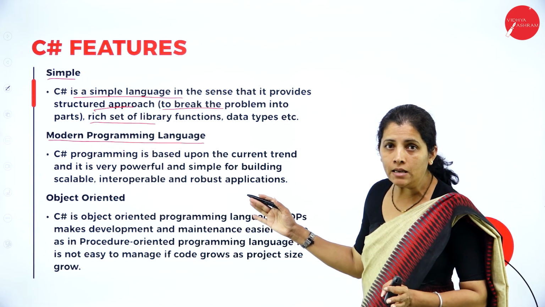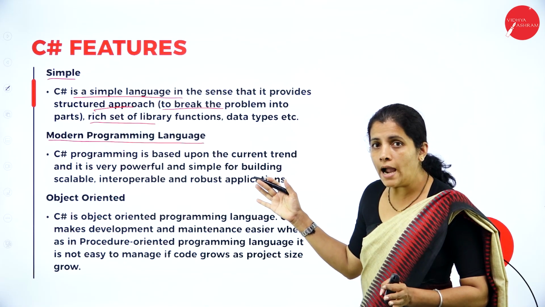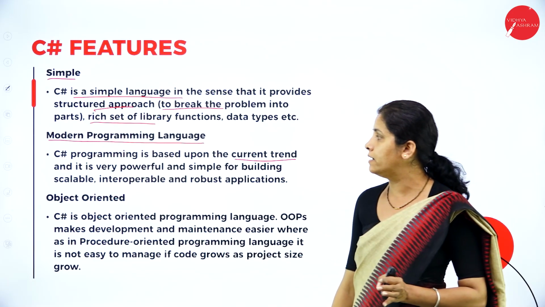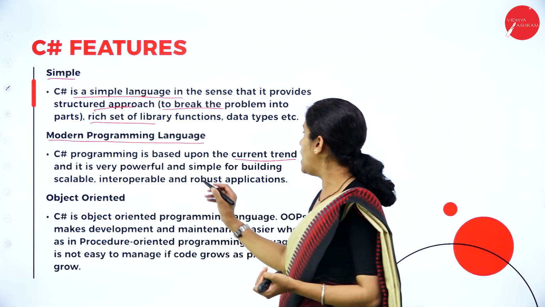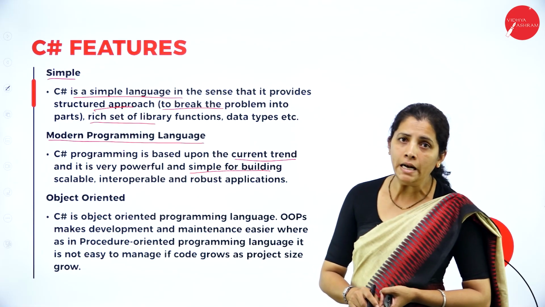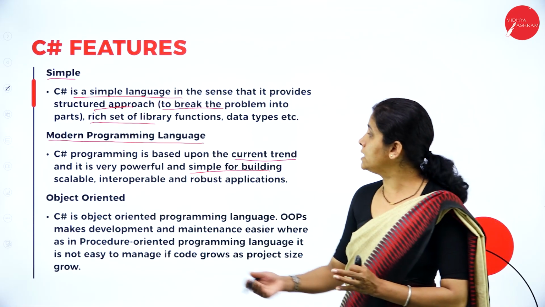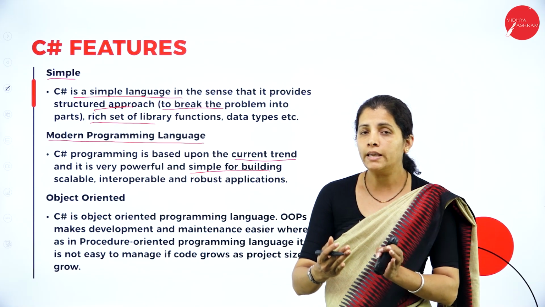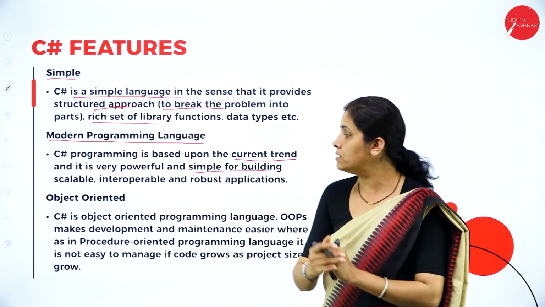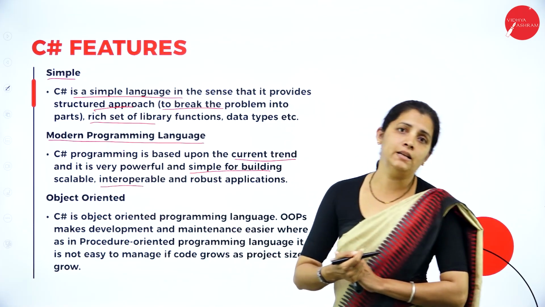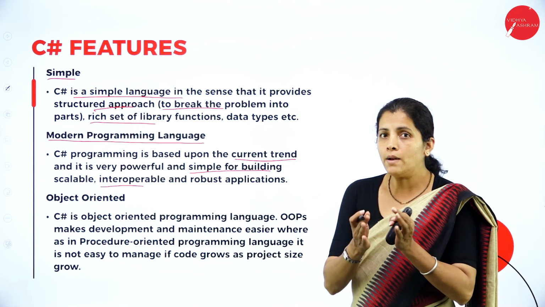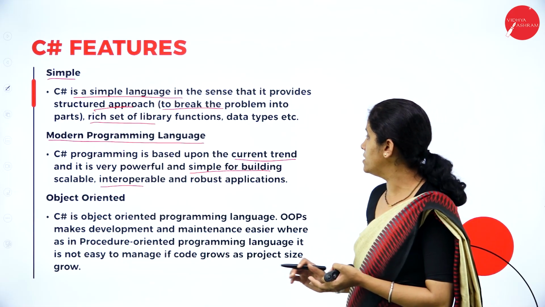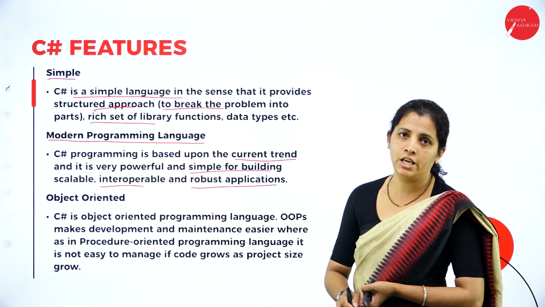This programming language is designed in such a way that it is based upon the current trend, and it is very powerful and simple for building scalable applications. So what is scalable? Scale up. It's very easy to carry from one system to another. Interoperable. So what is this? One platform is capable of running different kinds of applications, and robust applications.